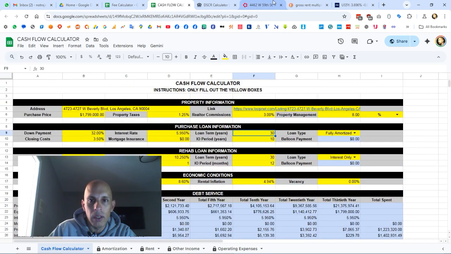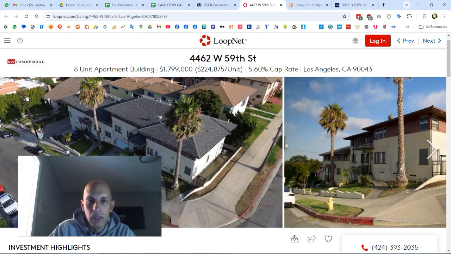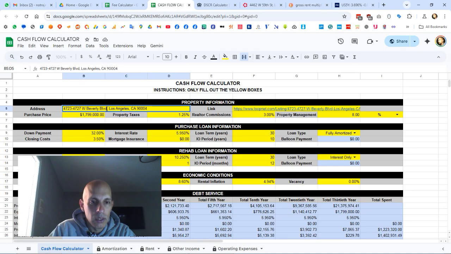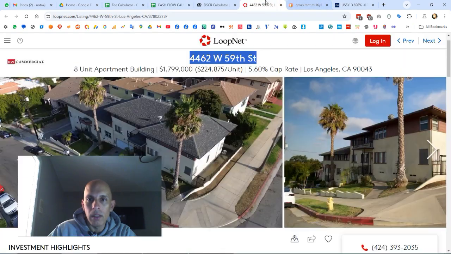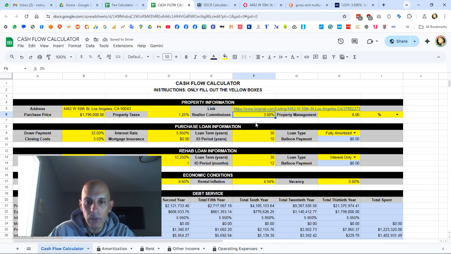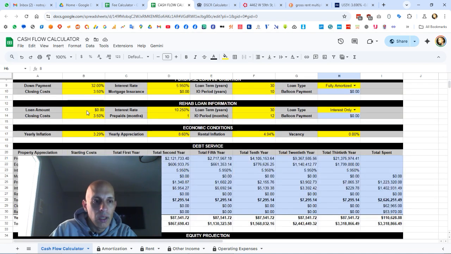So what's the address here? 90043. And let's get this link here. And so property taxes 1.25, realtor commissions 3.0, property management we said 8%.